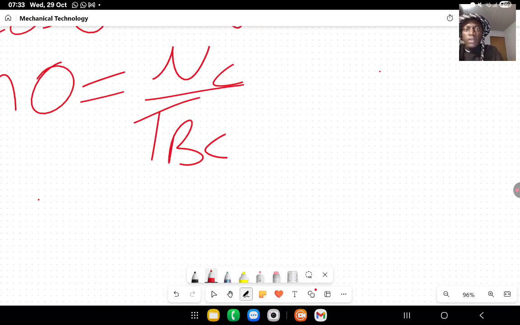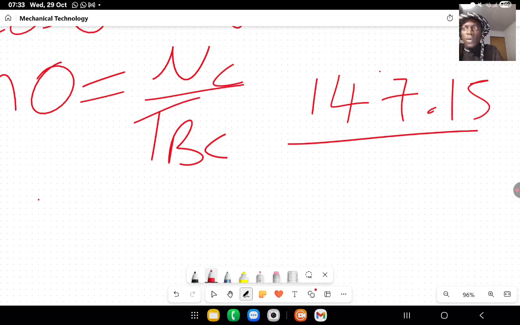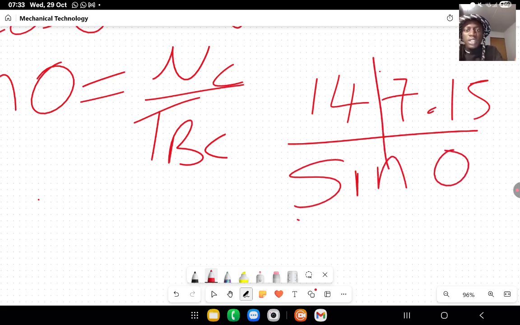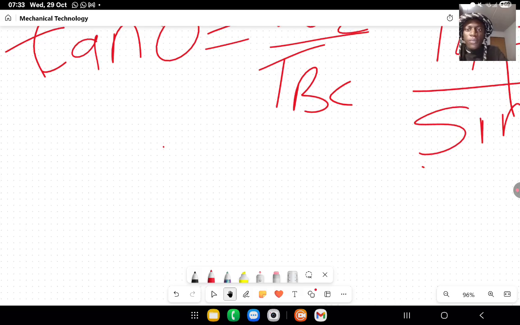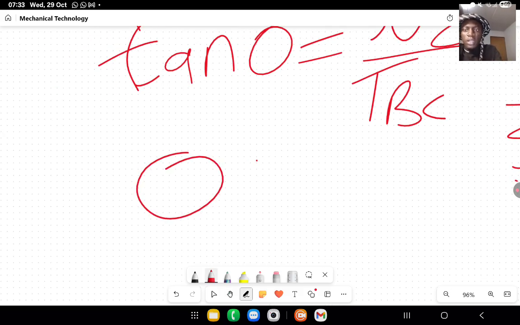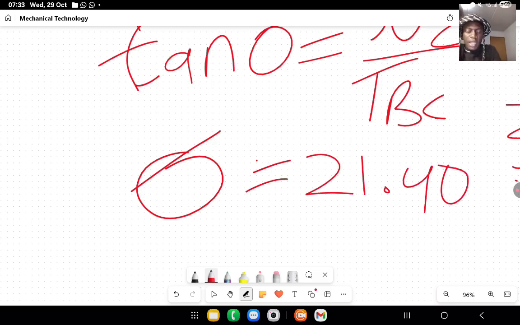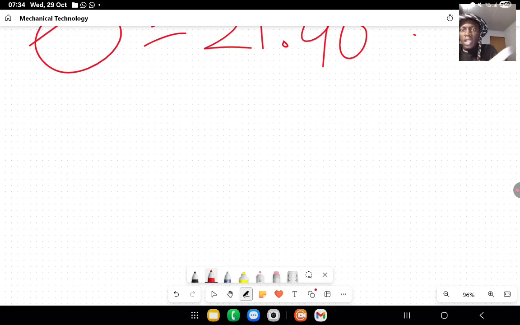WC is 147.15 divided by TB, which is sine theta. Therefore we get our theta. When we calculate, it will give us 21.9.